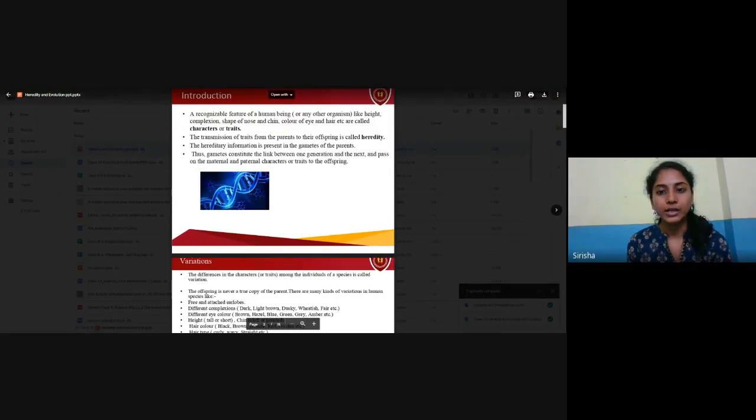The child or embryo which has been formed by fertilization is known as the offspring. So these gametes contain the DNA, which is the hereditary material from the parents to the offspring.